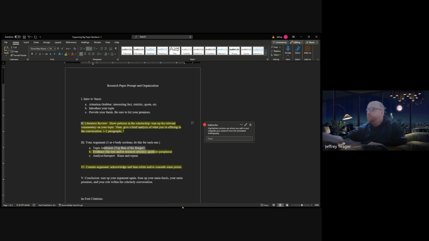Maybe you would quote the text, give your own analysis, and then start another paragraph talking about one of your sources and how it goes along with your thinking on the topic. You can use both your text as well as your research articles to provide evidence.